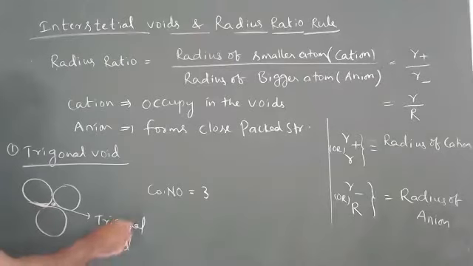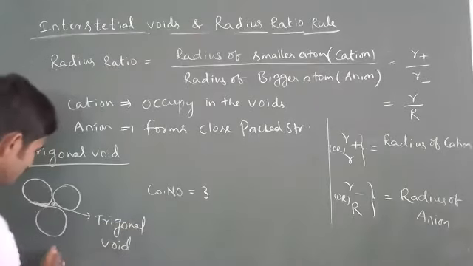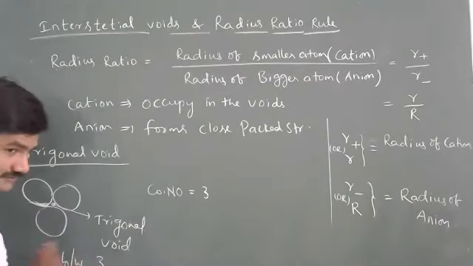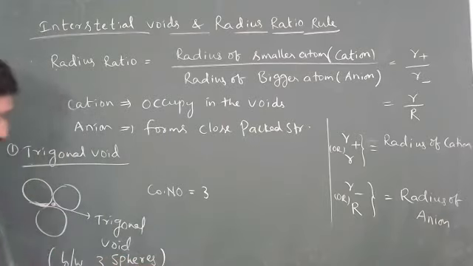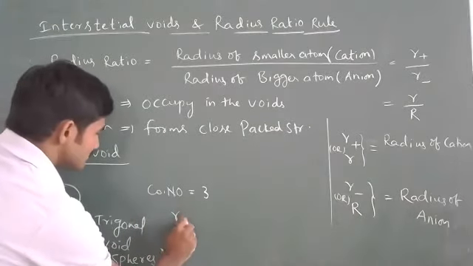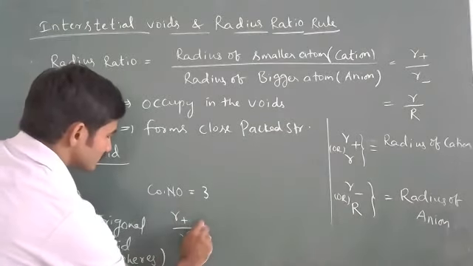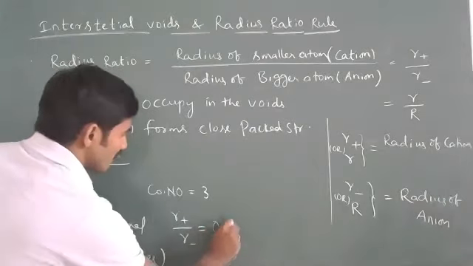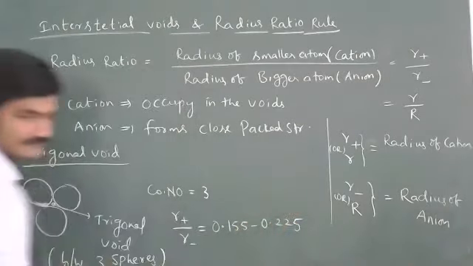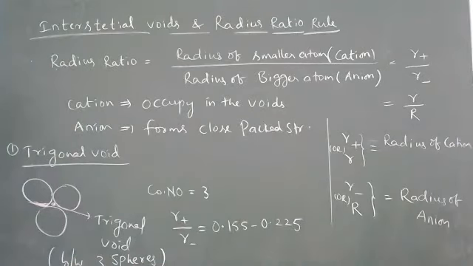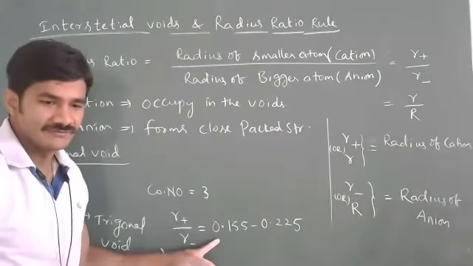And the radius ratio value. The trigonal void is between 3 spheres. So here the radius ratio value is 0.155 to 0.225. This is a calculated value.